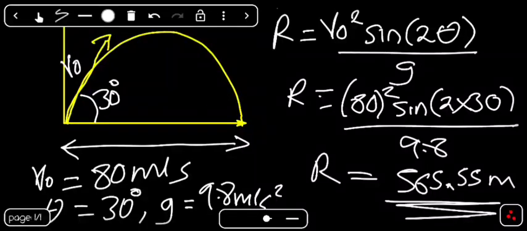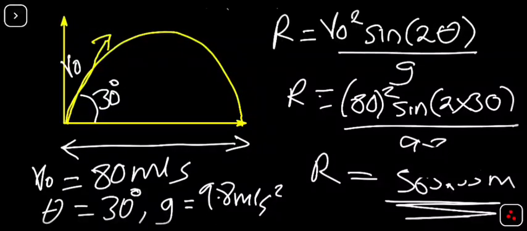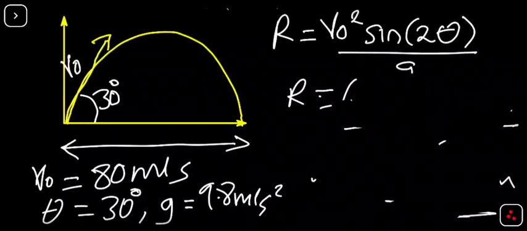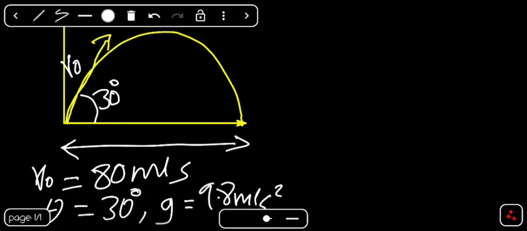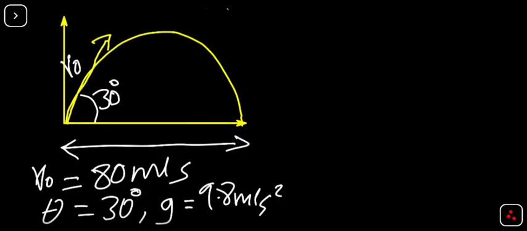So now we proceed to the next question. The next question asks us to calculate the maximum height. Since we know that maximum height is the h max, which is the maximum vertical point attained by a ball, the distance from here to there is what we call the H max, which is also known as the maximum height.